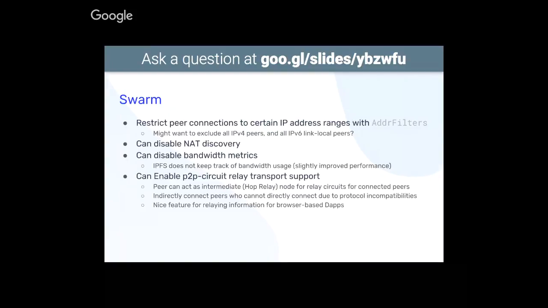And a lot of what I do with Textile is building dApps. So we've got a couple of peers that have this enabled to support that relaying of information and connections. Other than these settings, you might also want to tweak your connection manager. So you can adjust the minimum number of peers you try to connect to, and the maximum number of peers you try to connect to.